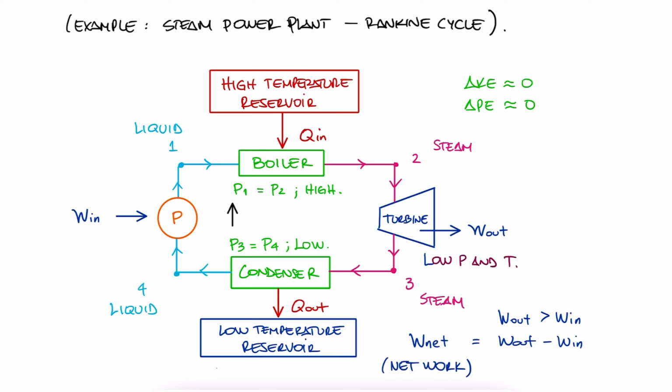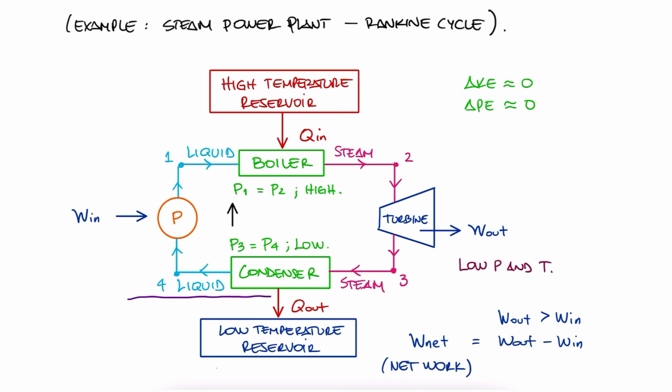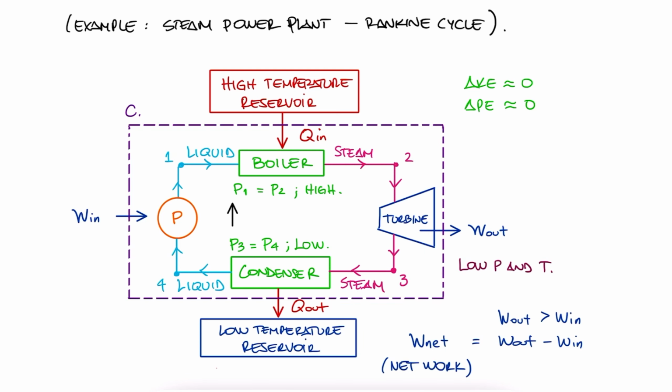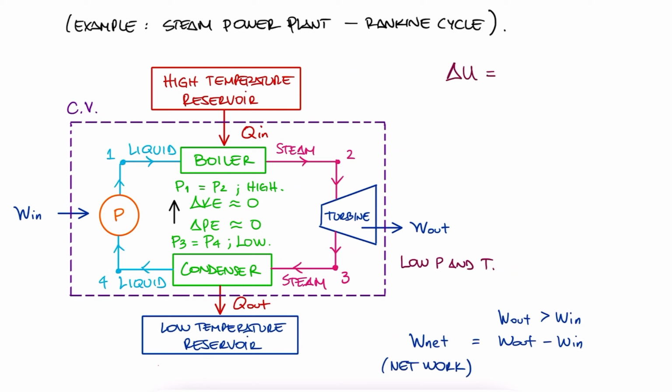Now, we know that we can set our control volume to be whatever we want. So what happens if we decide our control volume encompasses the entire cycle? Well, from the first law, or energy conservation equation, we know that the change in internal energy is equal to Q net minus W net. There is no mass coming in or out in this case because for this control volume we selected, it is a closed system.